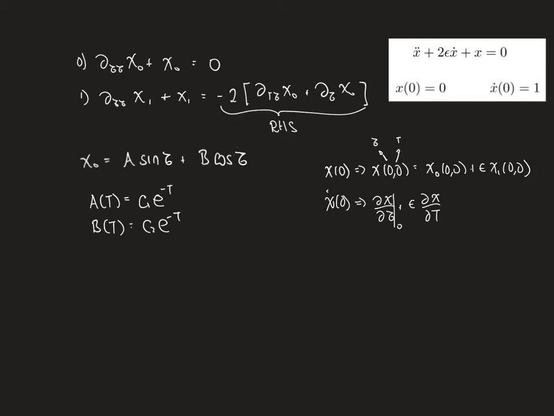And this one at 0, and it has to be equal to 1. But we have to decompose it first, as well. So the x naught plus epsilon the x1 0 equal 1.